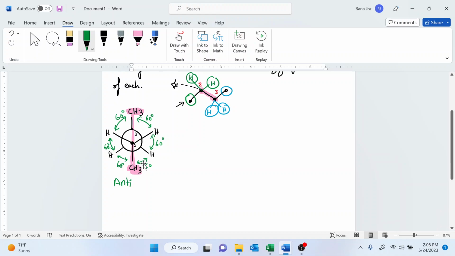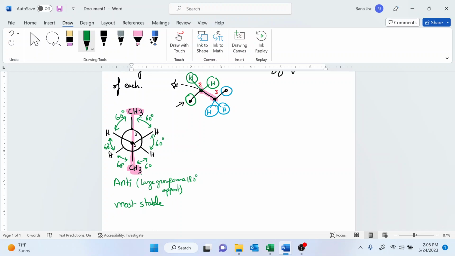Count, this is 60 times 3, they are 180 degrees apart. Anti-conformation is whenever the large groups are 180 degrees apart, and that makes it the most stable among all the conformations that we are going to draw.